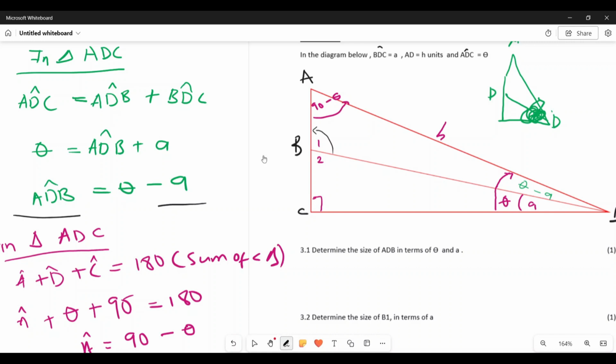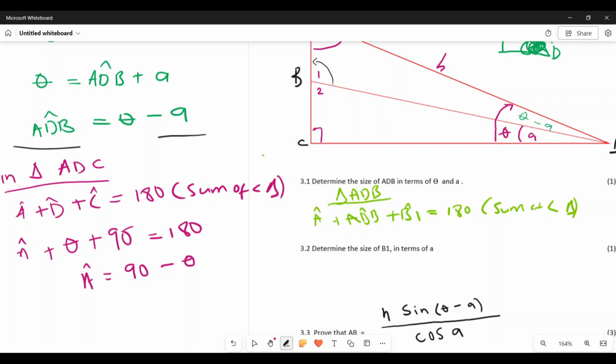So now I'm going to do a similar thing to find my B1. I'm going to use triangle ADB, which is the upper triangle. If I take my angle A plus my angle ADB plus B1, all of this should be equal to 180, the reason being the sum of angles in a triangle.